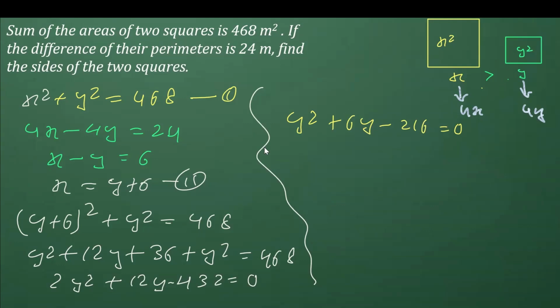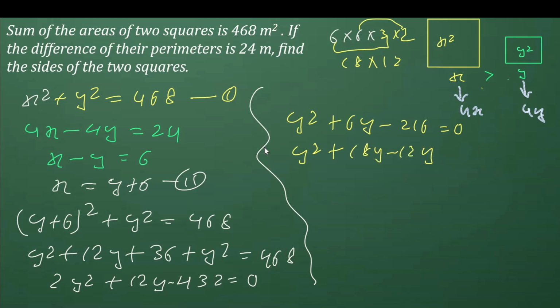You can see that 216 is actually 6 into 6 into 6. So I can write this 6 as 3 into 2. 6 into 3 is 18, and 6 into 2 is 12. Yes, we got it. So we can write this 6y as 18y minus 12y minus 216 equals 0.